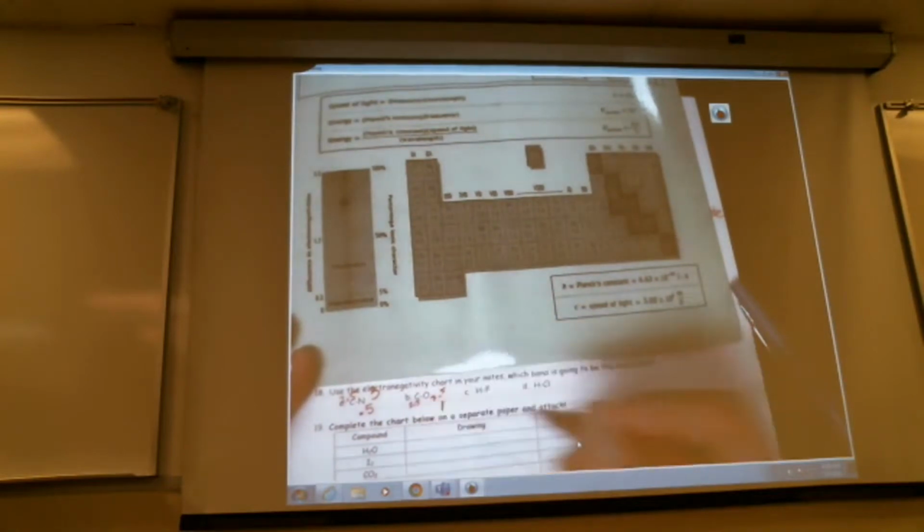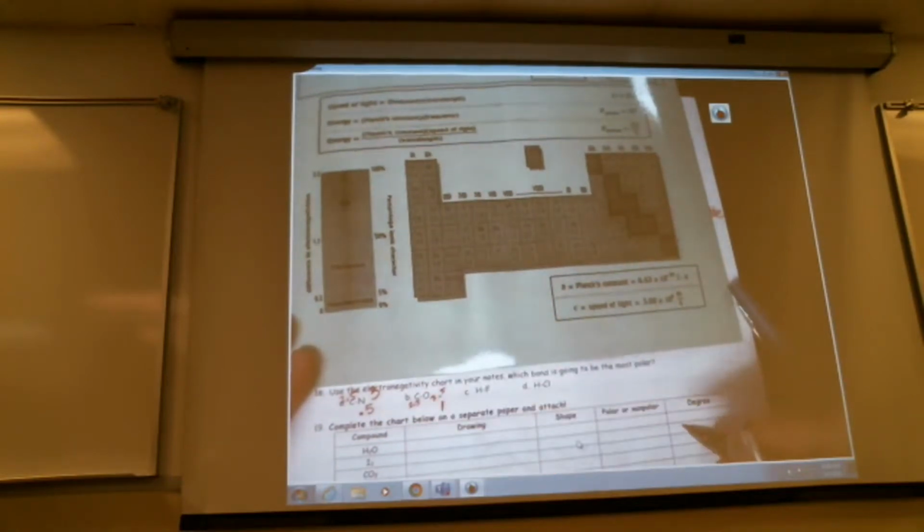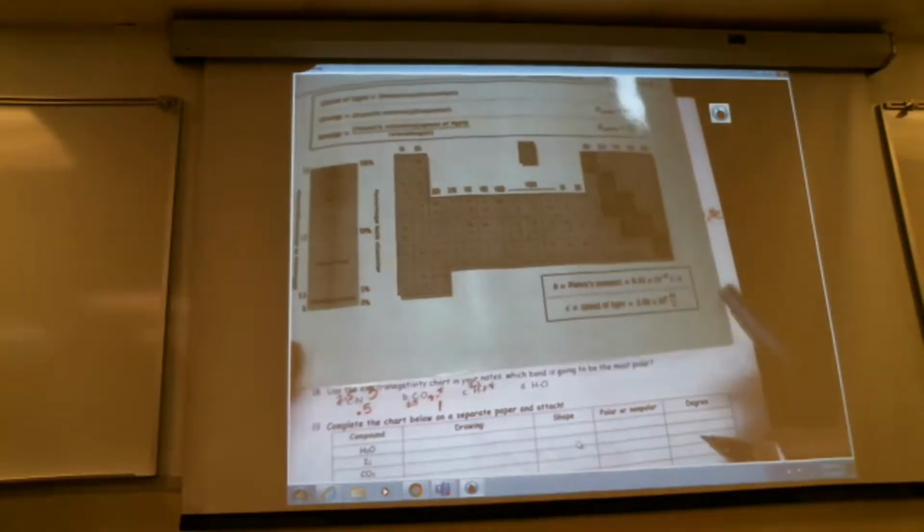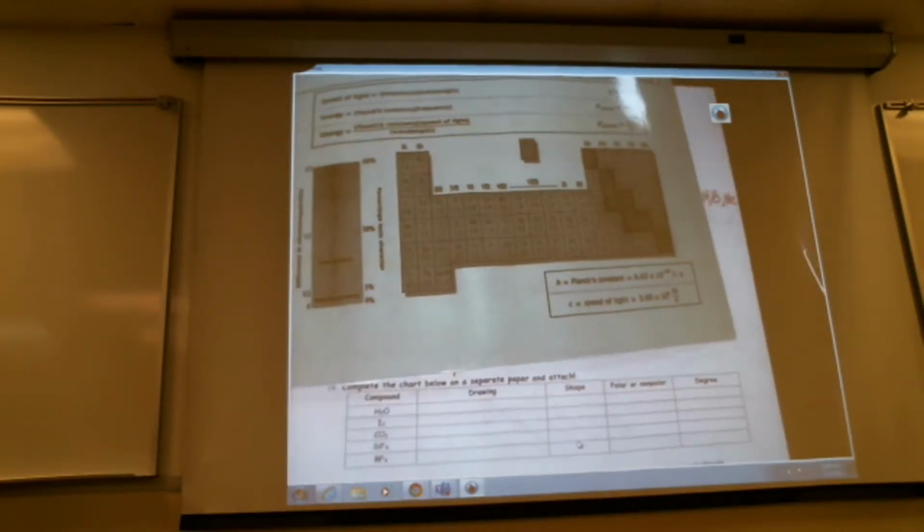The answer is 1. H and F. So does this make sense? That's all you have to do. Pretty easy. Find out which one has the biggest number. Okay? 19, 20, and 21.